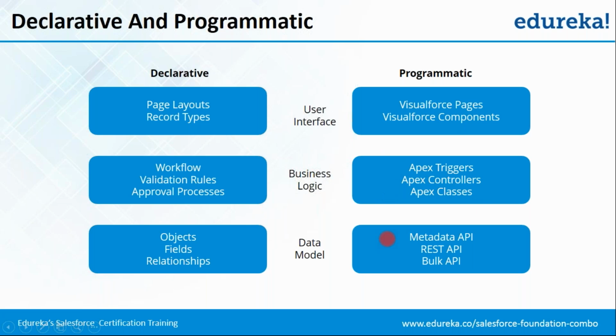And then when it comes to the data model, from the declarative options, we have objects, fields, and relationships. I told you what objects are. I explained that an object will have multiple records, and each record will have multiple fields. So those are the same things. You can create objects, you can create fields, you can have multiple fields, you can create custom objects, all those things. And you can also have relationships.